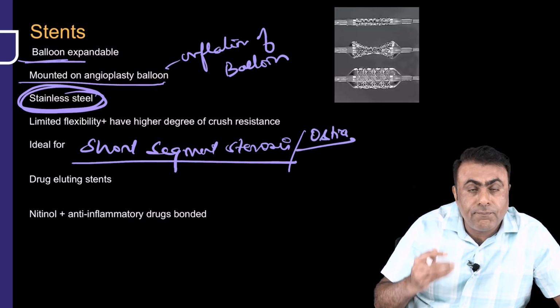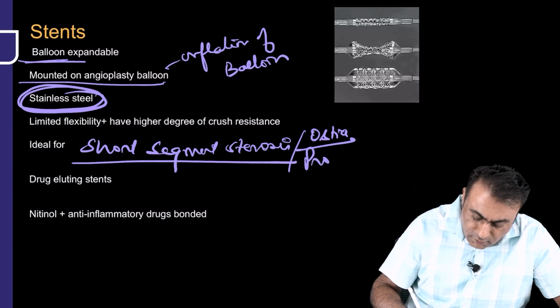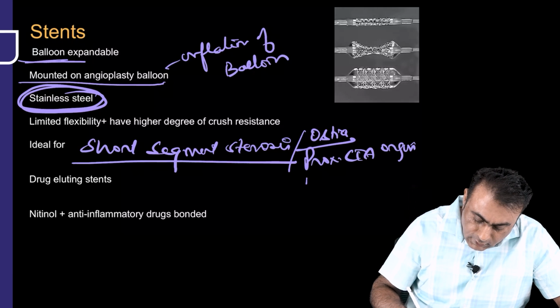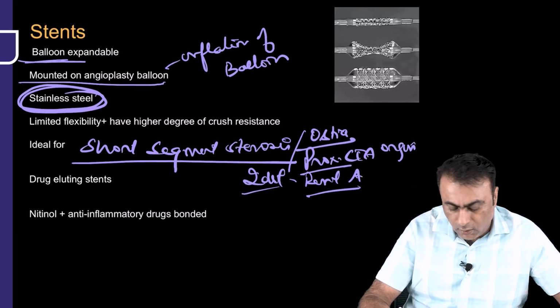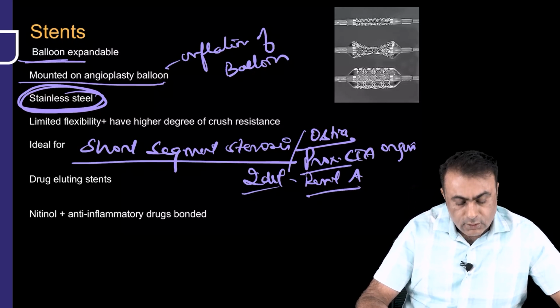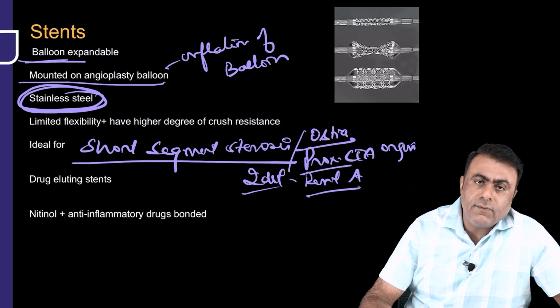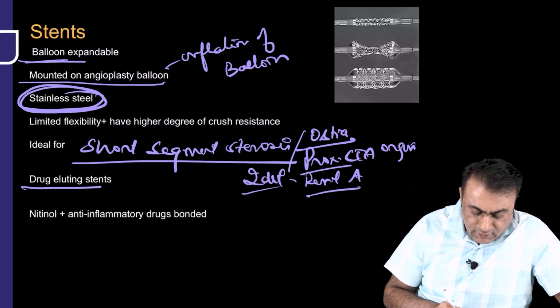So, they are very useful for the proximal common iliac artery origin or the renal artery.